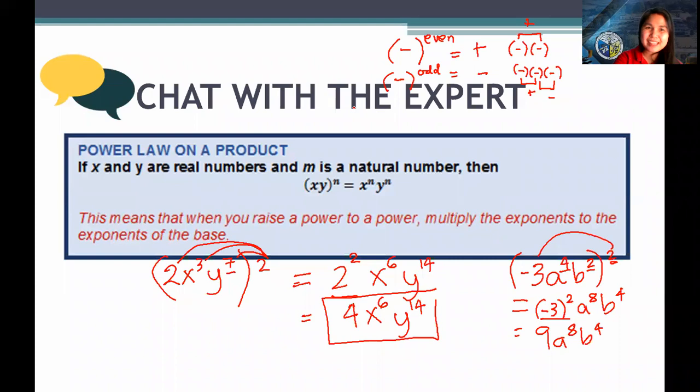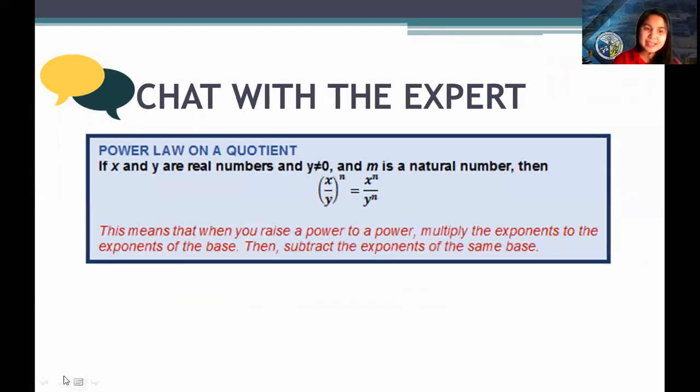Very good. Now let's go to the next one. The next is the power law on a quotient. It tells us that if there is a power that's raised outside, then we need to distribute it to the ones inside.